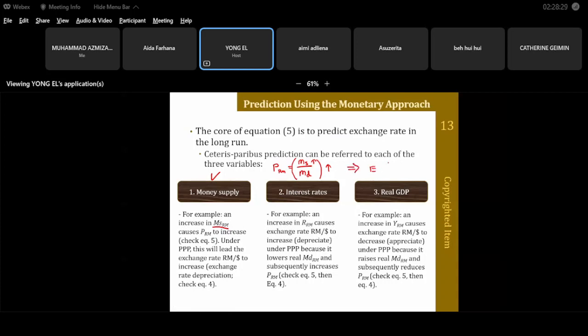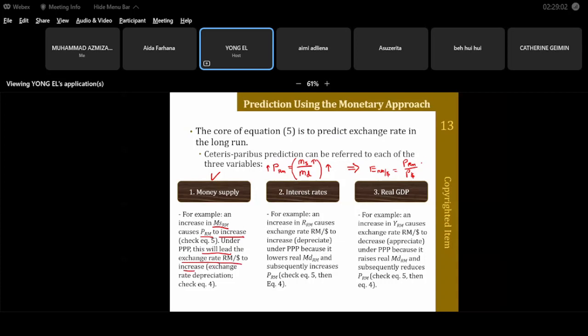Exchange rate, Malaysian ringgit to US dollar, equals the price level in RM to the price level in dollars. So the increase in money supply causes the price level to increase. Under PPP, this will lead the exchange rate to increase. Let's check if this is correct or not.